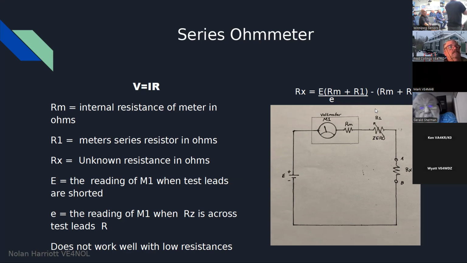So series ohm meters do not work well with low resistances. They work really good at high resistances. But again, you can see that it all becomes part of the circuit, right? So if you don't have this zero, you're not going to be able to get an accurate reading on your resistance on your test.